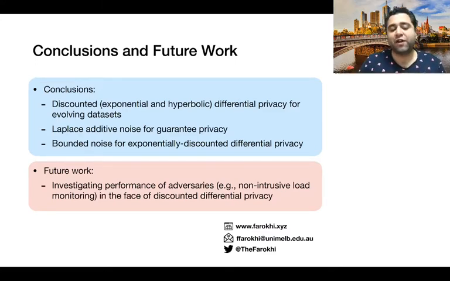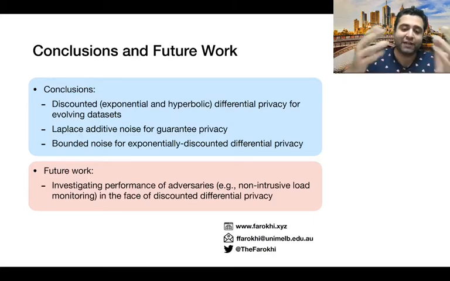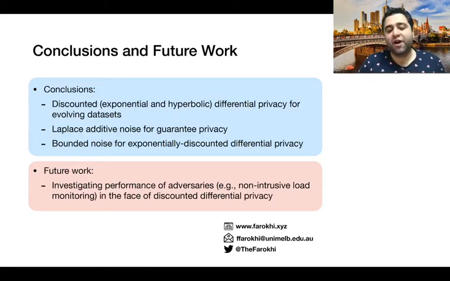Now, in the future work, it would be very nice to look into common adversaries that are out there. For instance, in the case of smart meter data, one scenario there is essentially tracing attacks, where we try to look into aggregated consumptions and see if we can identify an individual household being part of that aggregate or not.